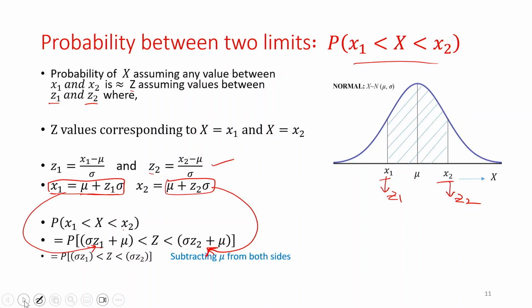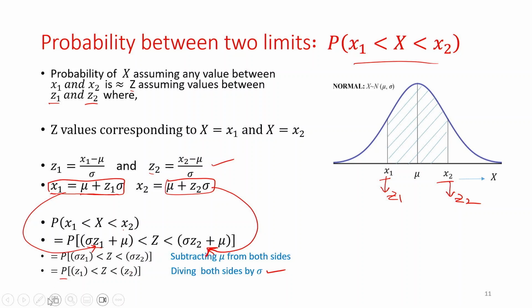If I go to the next step, subtracting mu from both sides, since mu is common, subtract them. So P of sigma z1 less than or equal to capital Z, sigma z2. Now dividing both sides by sigma, we are left with P of Z lying between small z1 and z2.